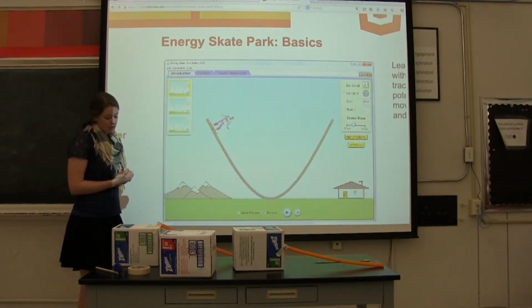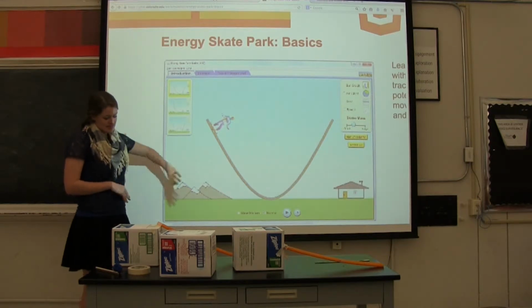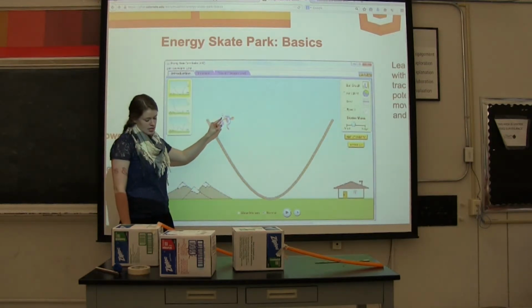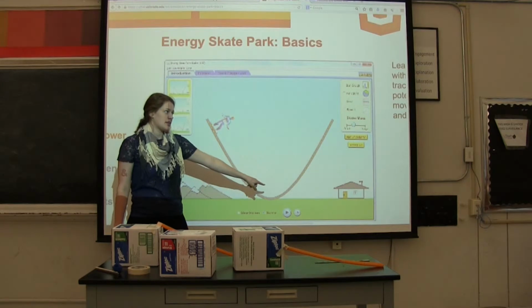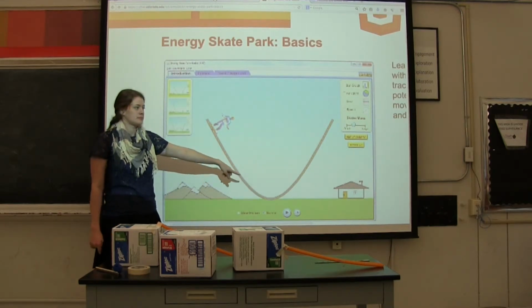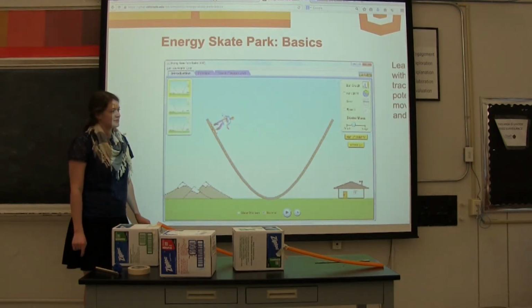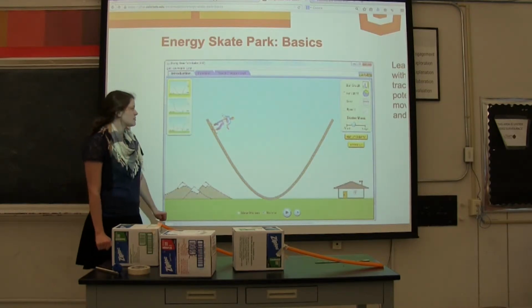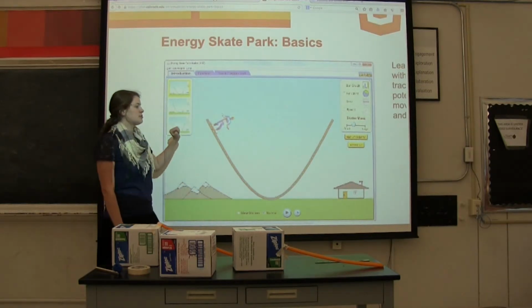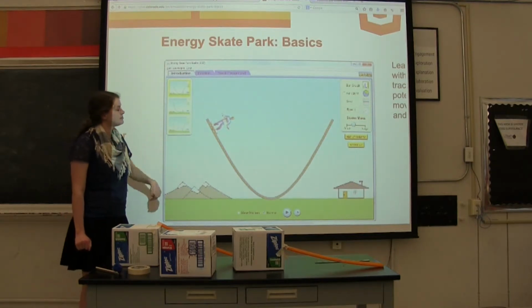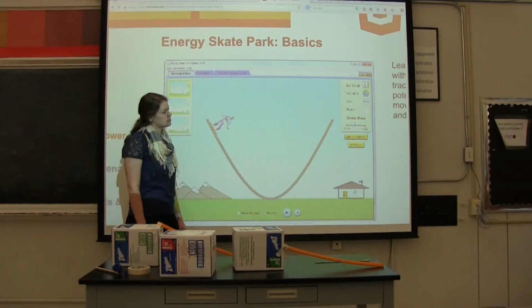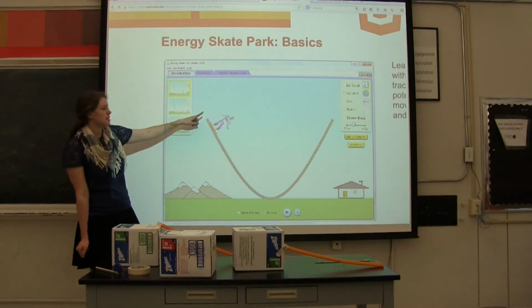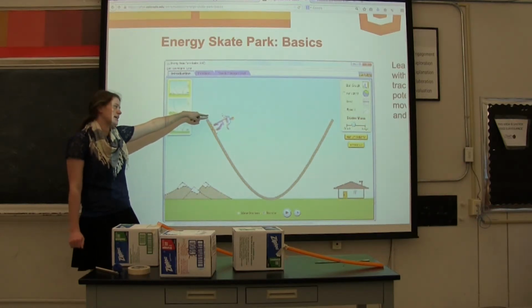So, what happened when the skater rolled down the ramp? He got faster as he went down. Right, so at what point do you think he had the greatest potential energy? Right at the top of the ramp. At the top, right? So then where do you think he had the greatest kinetic energy?